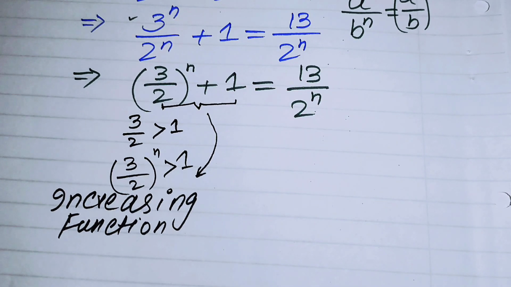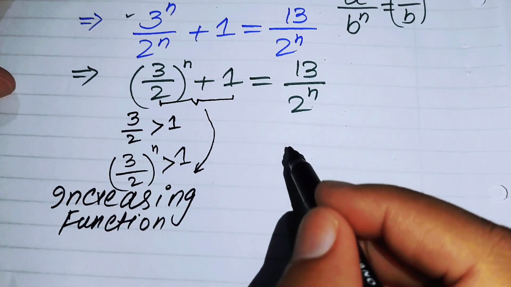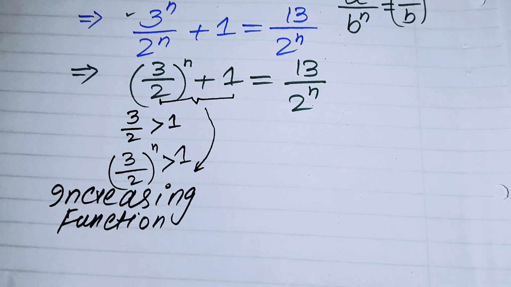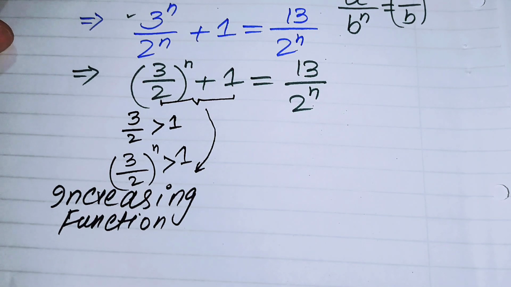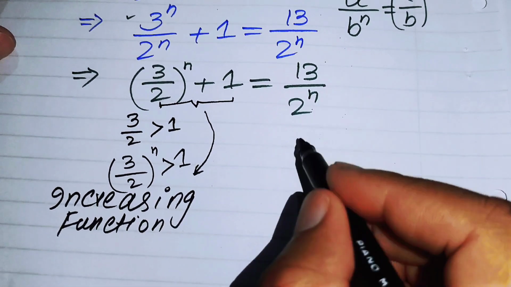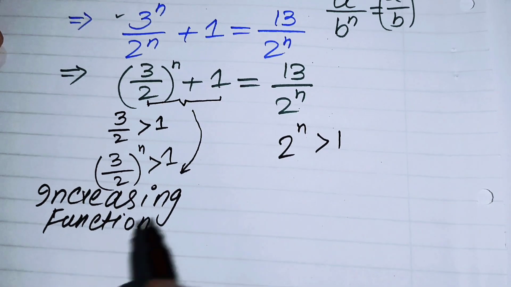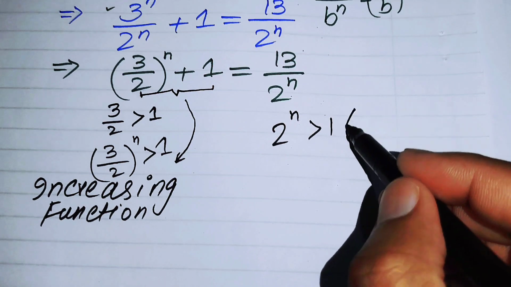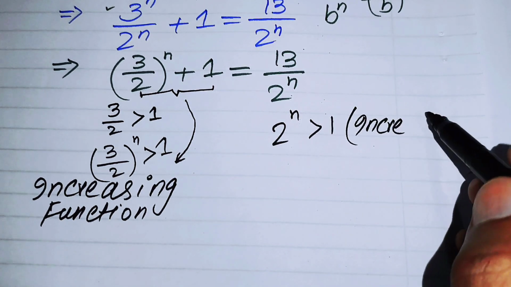And now we can focus on the right hand side, and in the right hand side you see that in the denominator we have 2 to the power of n, and you know about exponential function. Exponential function always gives a positive value, so here you can say that 2 to the power of n is greater than 1. So it means that the exponential function 2 to the power of n itself is an increasing function.